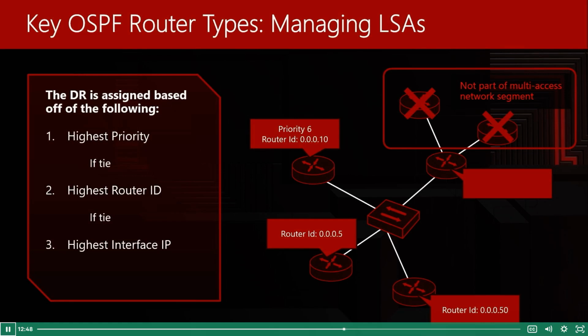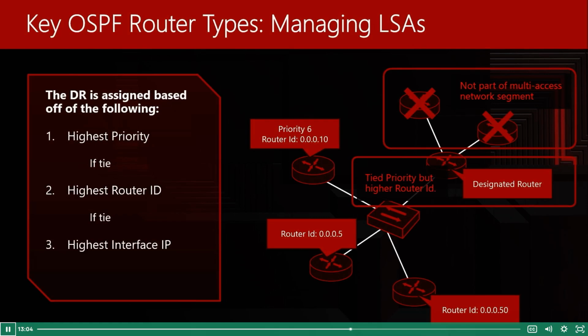Therefore, there's no need for them to be a DR. It's just a point-to-point, and we don't elect DR or backup designated routers on non-broadcast networks. So that leaves just the other routers, and the one right in the middle.